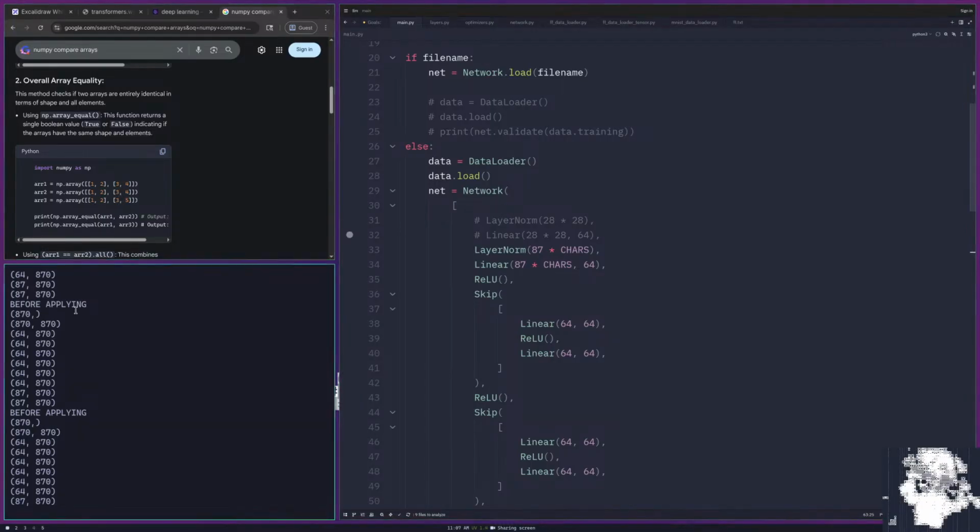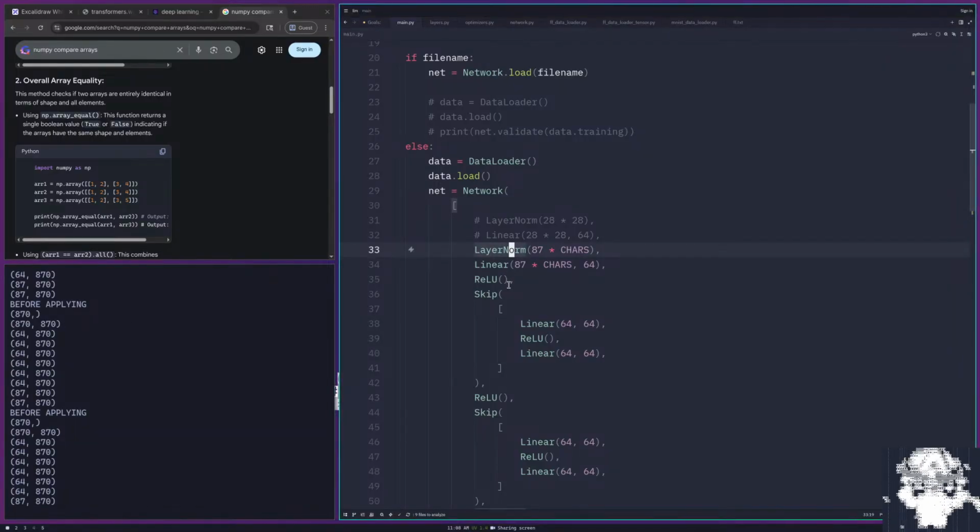The activation's 870 by nothing, and then we get it to 870 by 870, which is wrong. It should still be 870 by nothing.